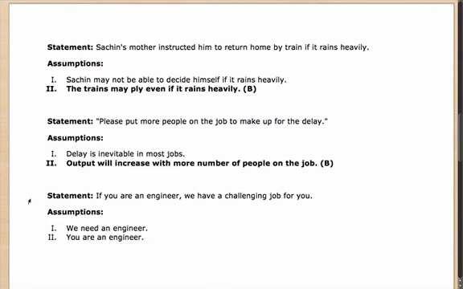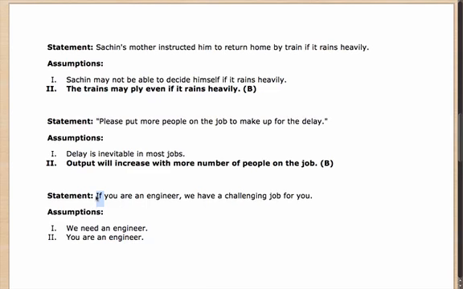It says, if you are an engineer, we have a challenging job for you. So the first assumption is we need an engineer. Second assumption is you are an engineer. Very clearly, second is invalid in this case. Why? Because I have a statement with "if" here. The word "if" itself implies that it is a conditional thing.